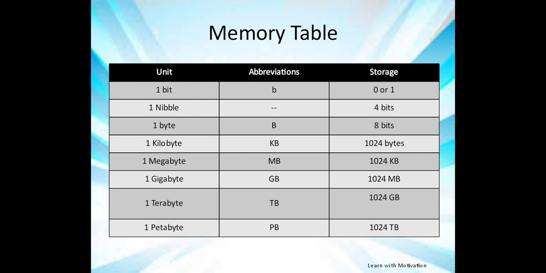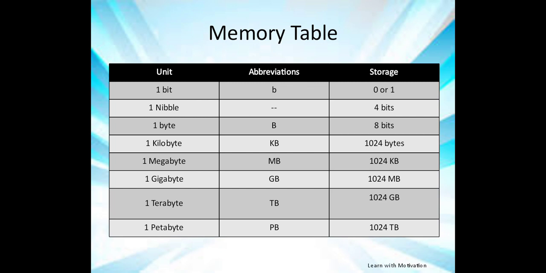Viewers, if you want to measure liquid, you need a calculation in liters. If you want to measure weight, you need the calculation in grams. In the same way, if you want to measure memory, you need to understand the measurement of bytes or bits. 0 and 1 are two digits, and these digits are called binary digits. It makes one bit. 4 bits make one nibble. 8 bits make one byte, and this is the standard measurement of memory.